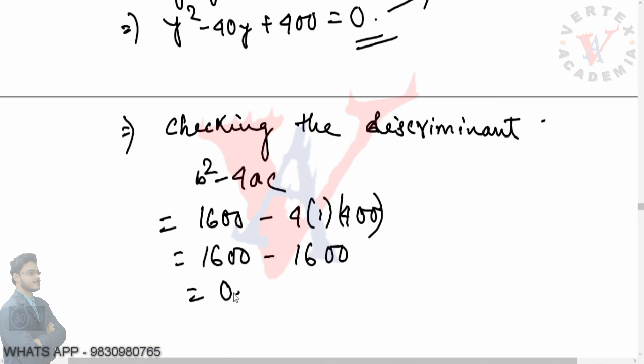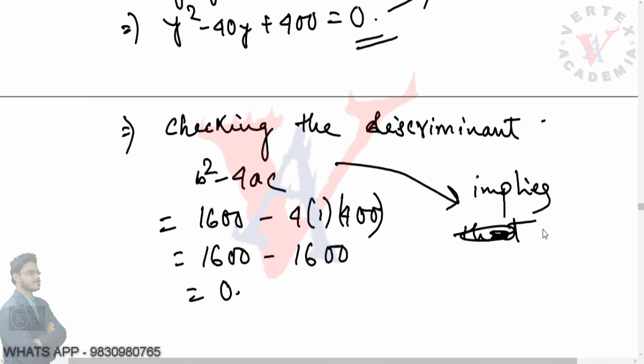Now what does 0 mean? That the roots are real but equal. So we are getting only one length and one breadth, right? We cannot get two values of breadth. So we are getting a fixed breadth here, but the roots are real because b square minus 4ac is 0. This condition implies that roots are real and equal.